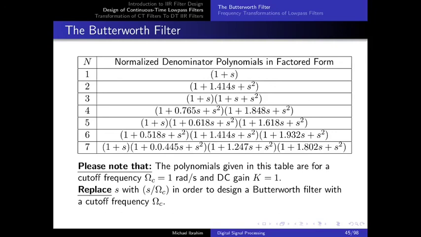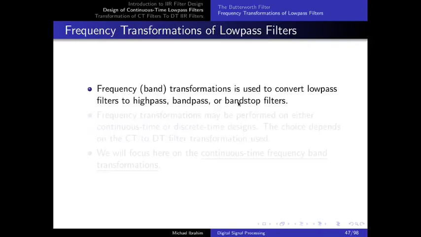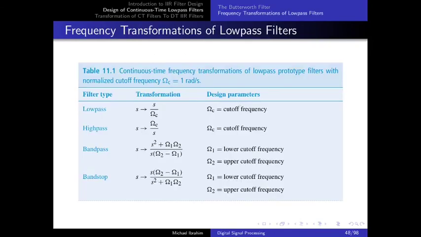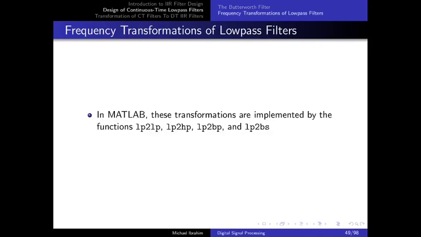Replacing s by s over omega C will transform this prototype filter from a low-pass filter with cutoff frequency 1 radian per second into a low-pass filter with cutoff frequency omega C. Starting from this table and replacing s with omega C over s will give you a high-pass filter, and so on. So this is the frequency band transformation table.